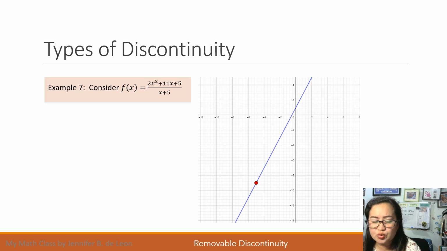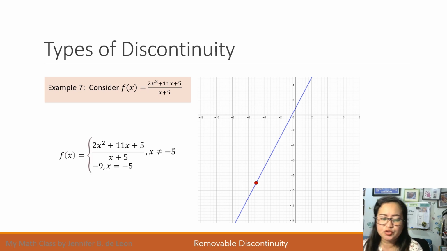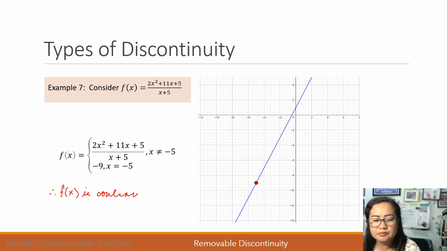Now, in order to redefine the function, we have to have the constant function negative 9 where x is equal to negative 5. Hence, we can already say that f of x is continuous at any point on the graph. Okay, so that makes sense why this kind of discontinuity is called removable discontinuity.